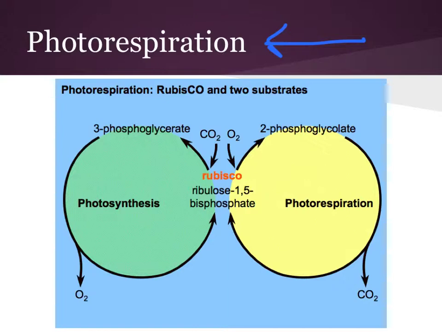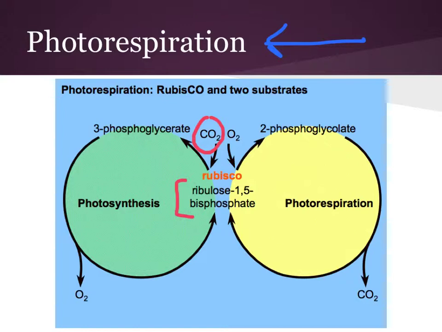In order to understand photorespiration, we have to quickly review the Calvin cycle of photosynthesis. Remember, in the Calvin cycle, we start with carbon dioxide, and we take this enzyme called RuBisCO and this 5-carbon sugar called RuBP, or ribulose bisphosphate, and we incorporate the carbon dioxide into the RuBP.